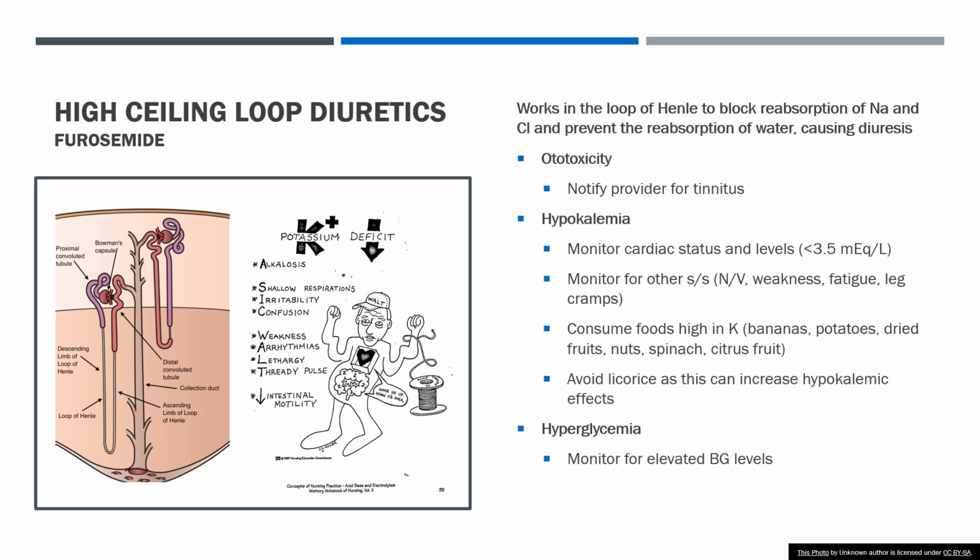However, we're going to make sure they avoid licorice, because this can increase hypokalemic effects. And then hyperglycemia is an elevated blood glucose level. So with high ceiling loop diuretics, they can also have hyperglycemia.